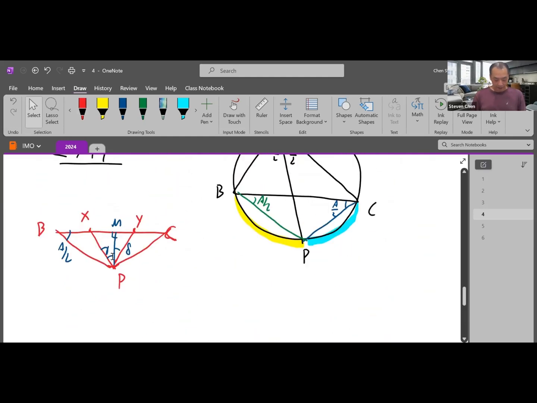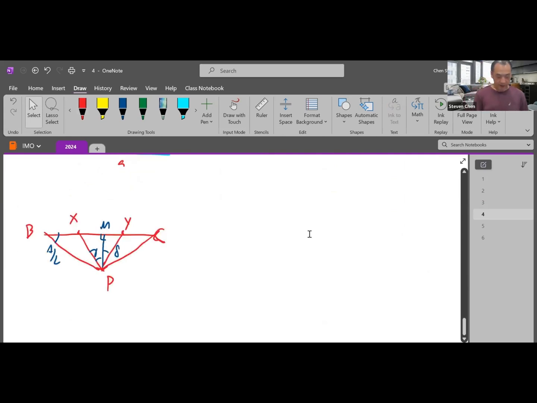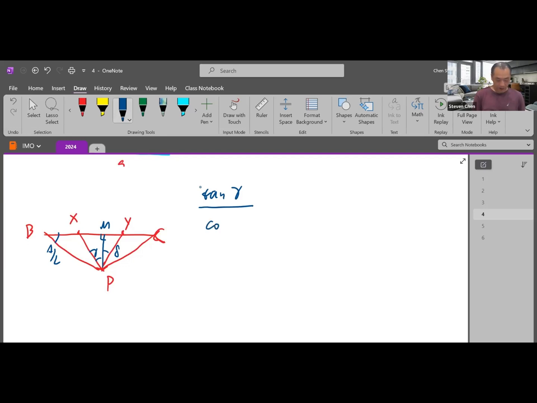So now we are able to compute tan of gamma. Let me copy and paste this diagram here and see how we compute its value. So for tan of gamma, we can compare it with cotangent of A over 2.